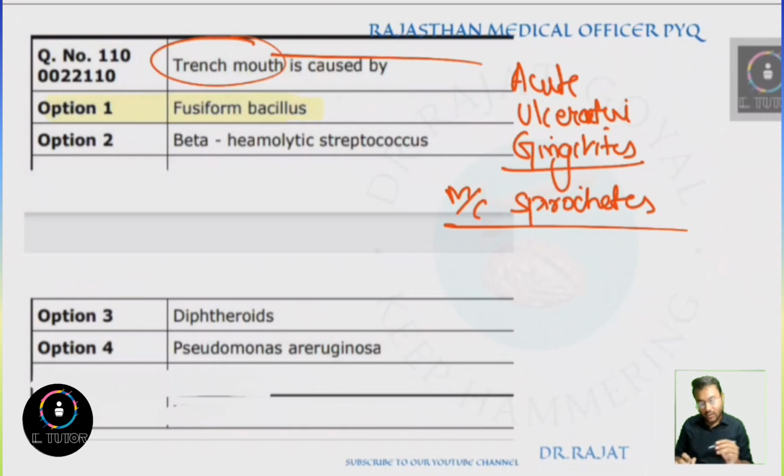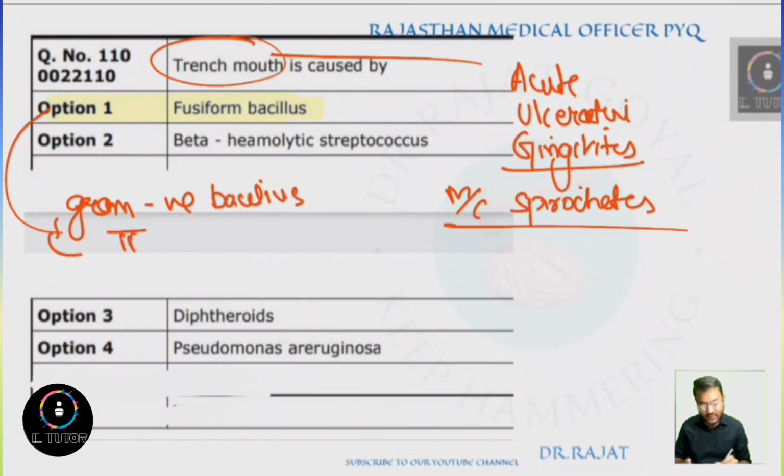Fusiform bacillus will also lead to trench mouth, and fusiform bacillus is a gram-negative bacillus, and it will lead to tropical ulcers also. So best answer will be fusiform bacillus.